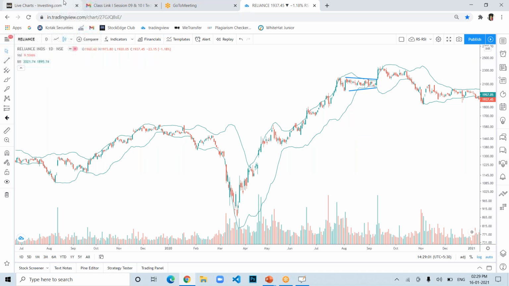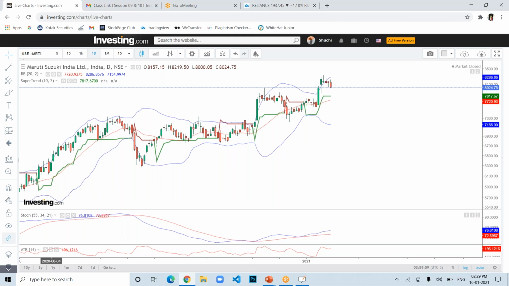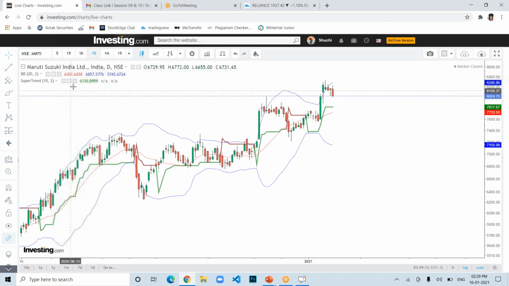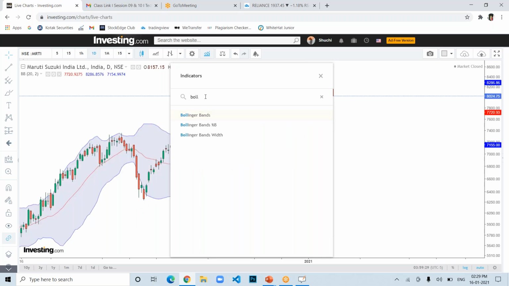So I will use investing.com. I have just plotted it. I'll remove it and I'll plot again for you all. So first what I will do is I will use any chart and use it on my daily time frame. Then I will plot my Bollinger Band. I will plot super trend.